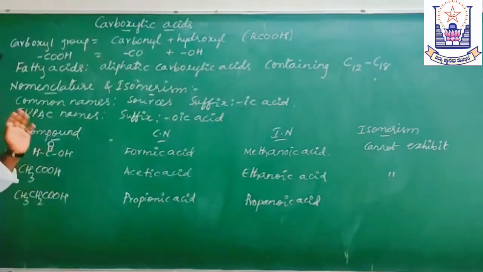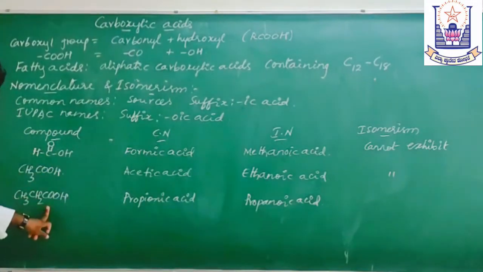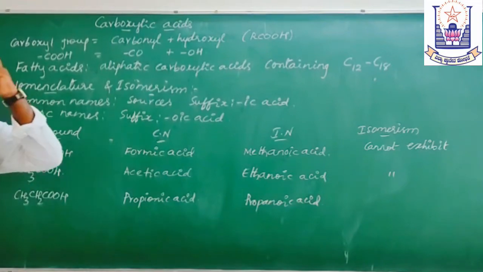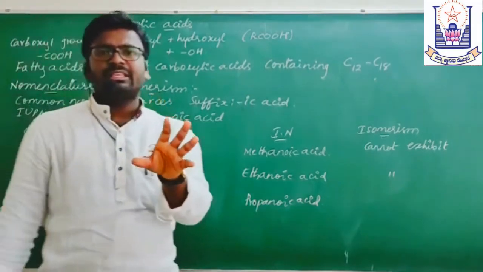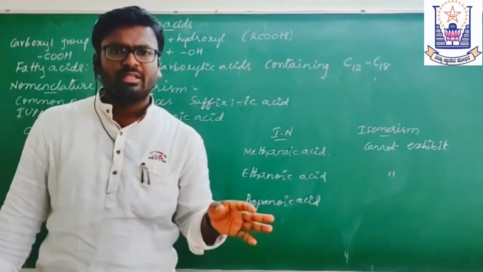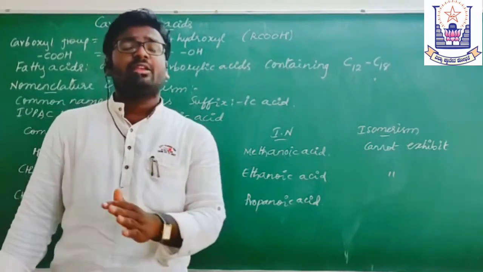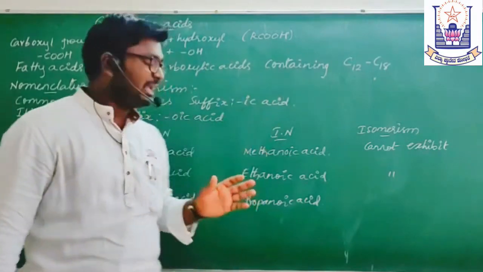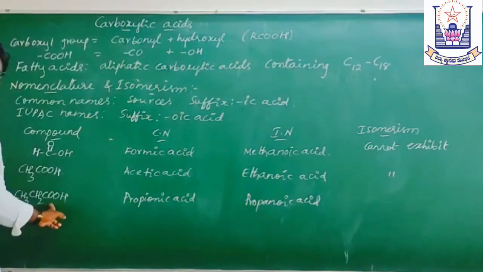Now, whether it exhibits chain isomerism: no, it cannot exhibit chain isomerism. It cannot exhibit position isomerism also. Keep in mind that when you have only the carboxylic acid, with no substituent or other functional groups, we have only monocarboxylic acid.